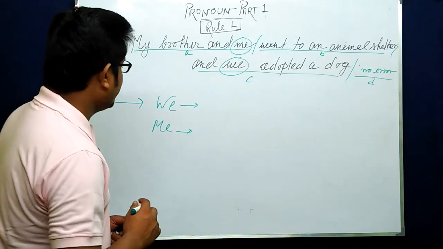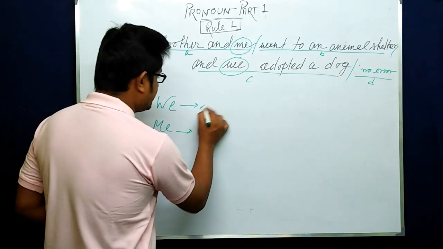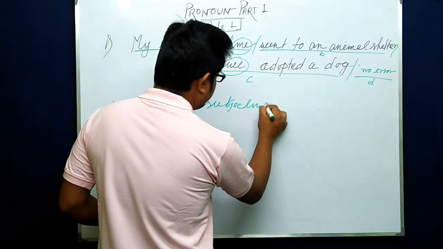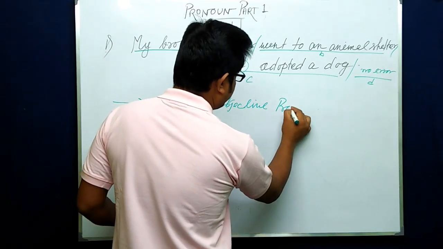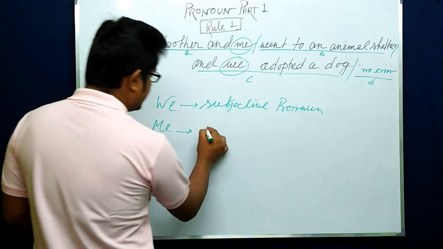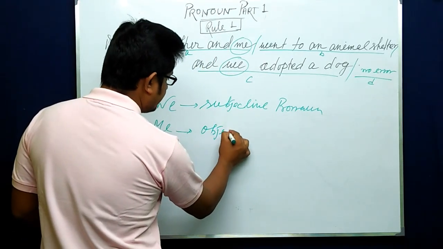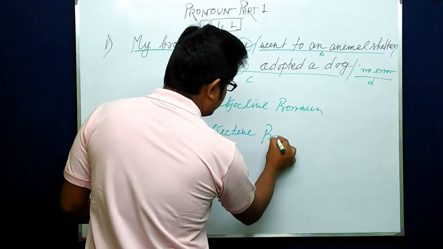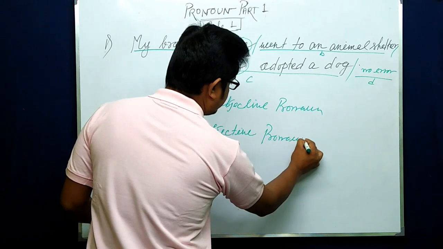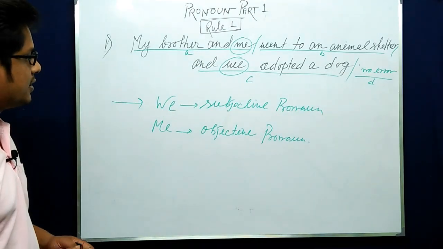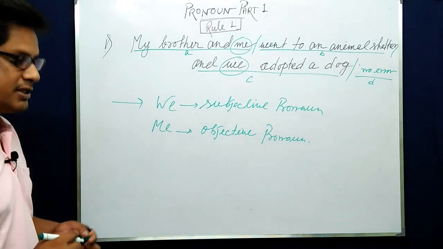But the thing is, we is a subjective pronoun, and me is objective. So we is a subjective pronoun and me is an objective pronoun.